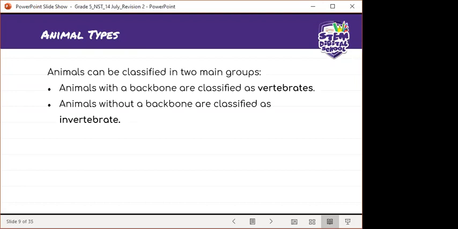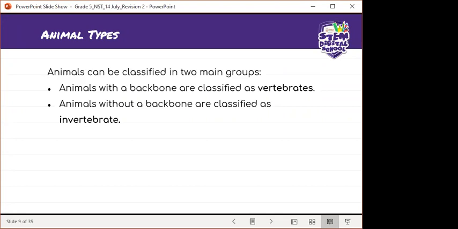And then the invertebrates are animals which do not have a backbone. So don't confuse the two main groups with your mammals and your reptiles, because reptiles and mammals, you can find them in the vertebrate group. I hope everyone is on par with that.